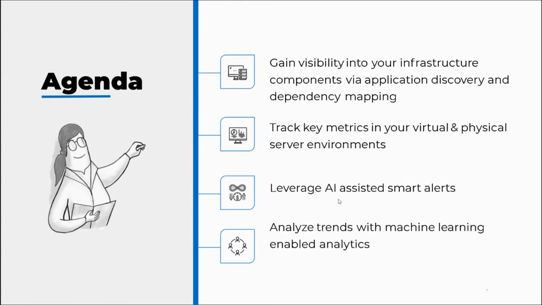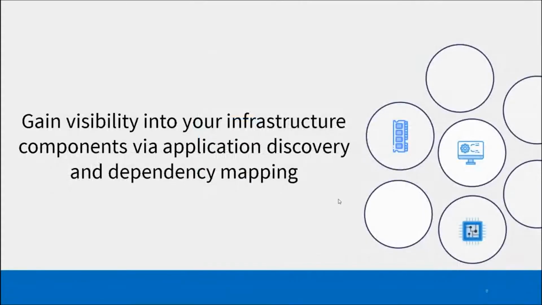Finally, we will be seeing machine learning enabled analytics that will help the users analyze trends across their compute resources. Now, the first topic is gain visibility into your infrastructure components via application discovery and dependency mapping.